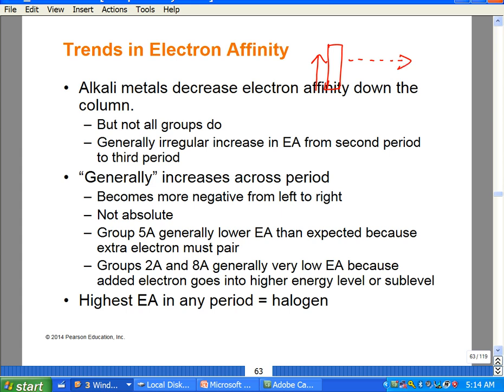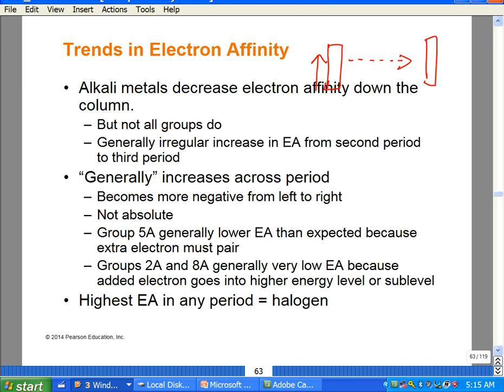As you go across a period, the electron affinity also increases. The halogens over here are the most electronegative. When you go across a period, the halogen is the most electronegative, and it has the highest electron affinity.